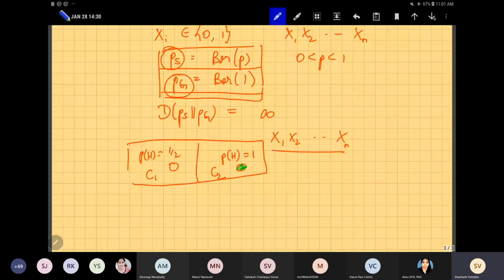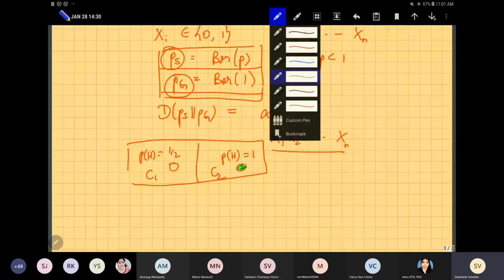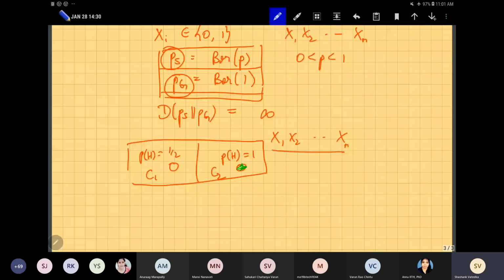So I pick up one of these two coins, I toss it n times, and out of those n times, even if I get one tail, then it has to be coin 1, that is the red coin, right? If all of them are heads, then can I say for sure that it is coin 2? There's a chance it could be coin 1 also.